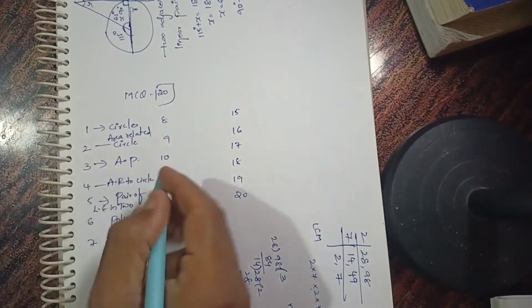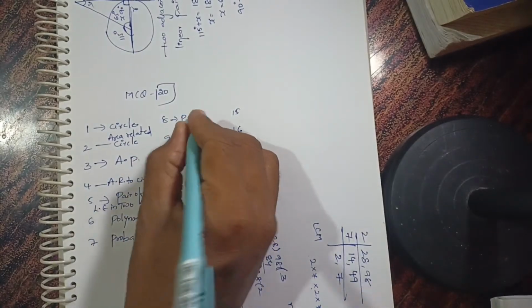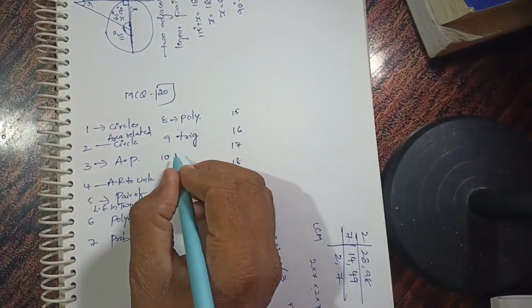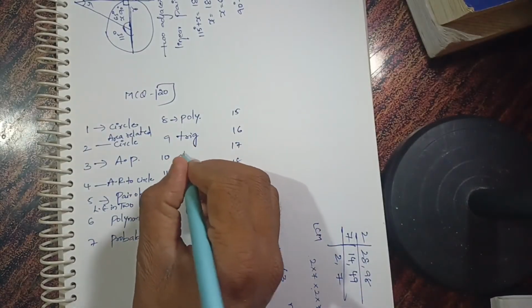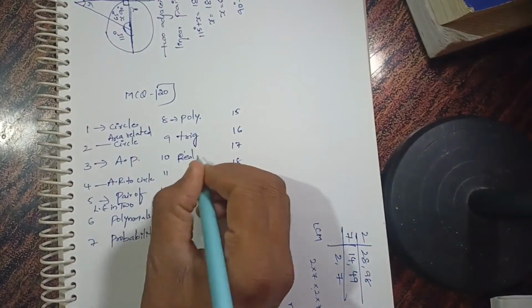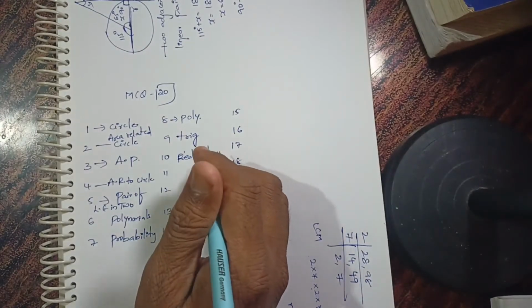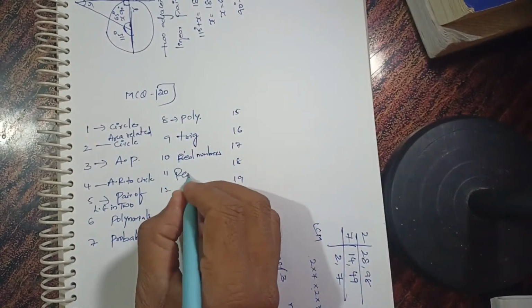Eighth we got again from polynomials. Ninth is trigonometry. The 10th question we got from chapter 1, real numbers. And here also the same, real numbers.